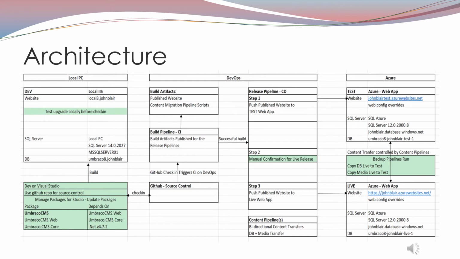Okay, looking at the architecture for my Azure application, I have a website running on test and one running on live. When we do the upgrade, we'll do it in Visual Studio using the NuGet package manager.